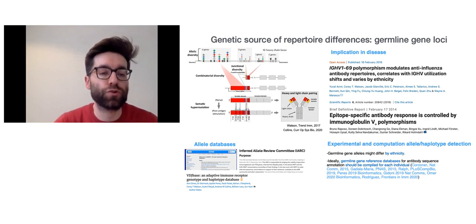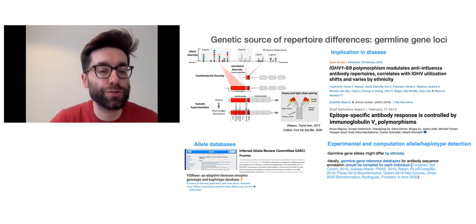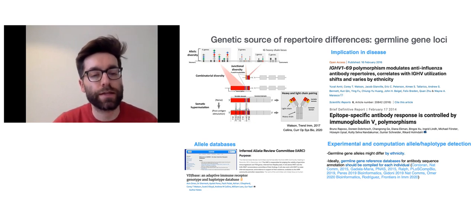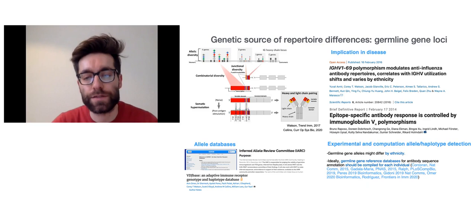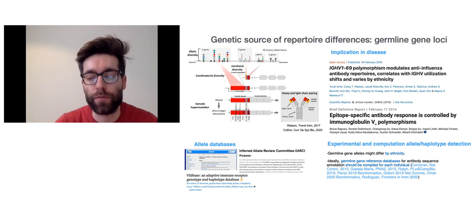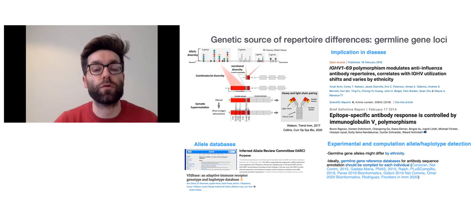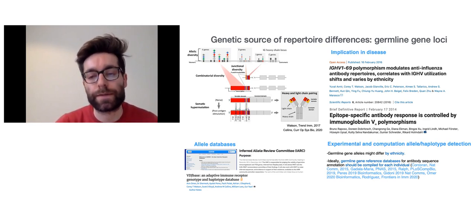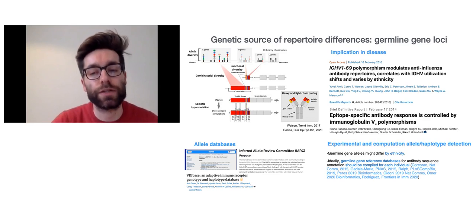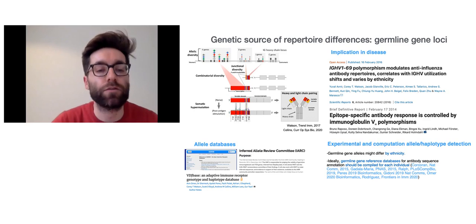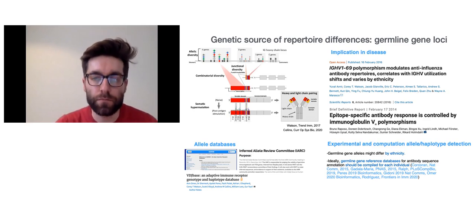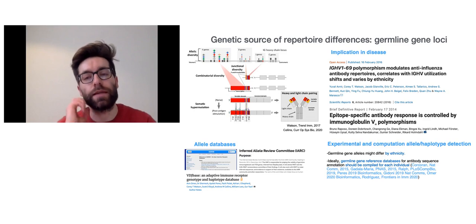And there are also computational approaches that can infer alleles from high throughput sequencing data. Some of them are, for example, IgDiscover, which I'm quoting on the lower right. So just go to these citations and you will see many computational approaches that can infer novel alleles or also haplotypes.